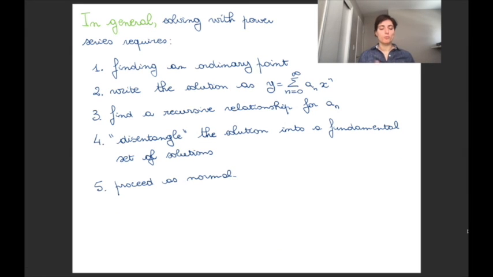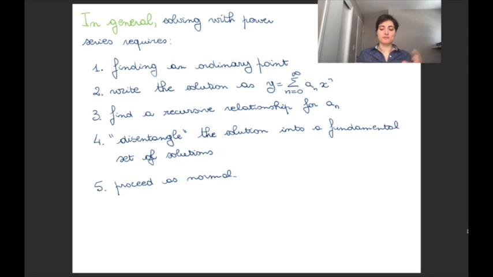In general, what does it take to solve with power series? First of all, you want to find an ordinary point. Then you want to write the solution as a power series, in the form sum from n equal to 0 to infinity of a n x to the power n, or x minus x0 to the power n. Then you want to find a recursive relationship for a n. What does that mean?